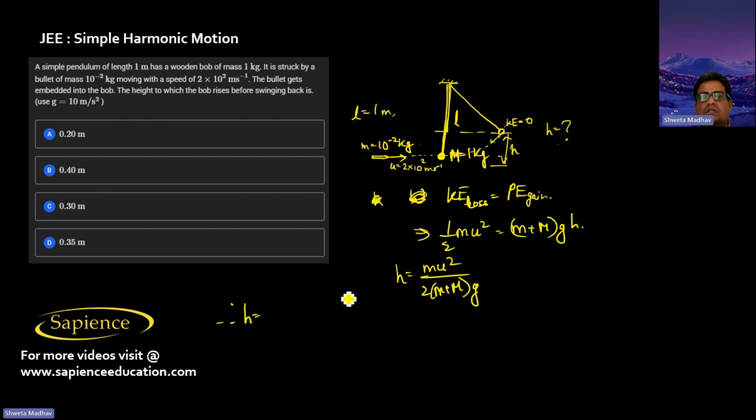Therefore, the height to which it will rise is the mass, which is 1 kg, into u square, that is 2 into 10 power 2 whole square, divided by 2 into g, that is 10, into M plus m. M is 10 power minus 2, plus it is 1.